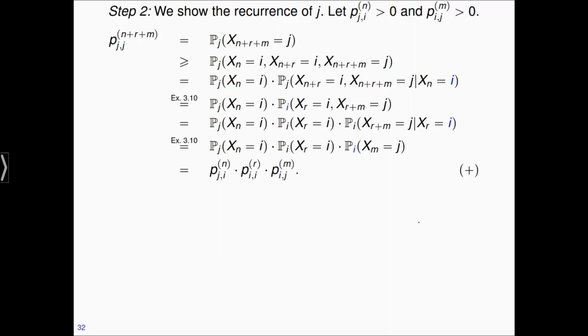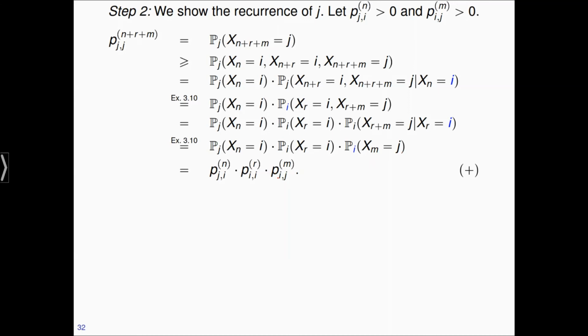Now let's translate these probabilities into the n-step transition probability language. The first one is that you start at j, and at time n you want to be at i. So it's p_ji^n. The second one is that you start at i, and at time r you want to be at i. So it's p_ii^r. And the last one is that you start at i, and at time m you want to be at j.